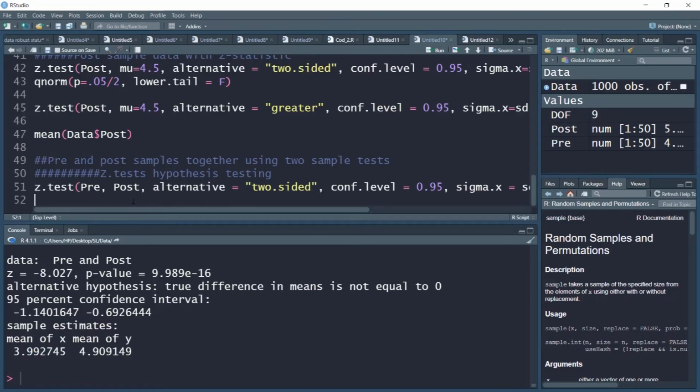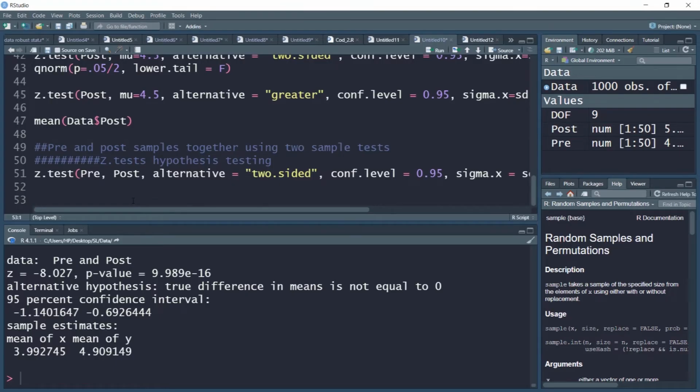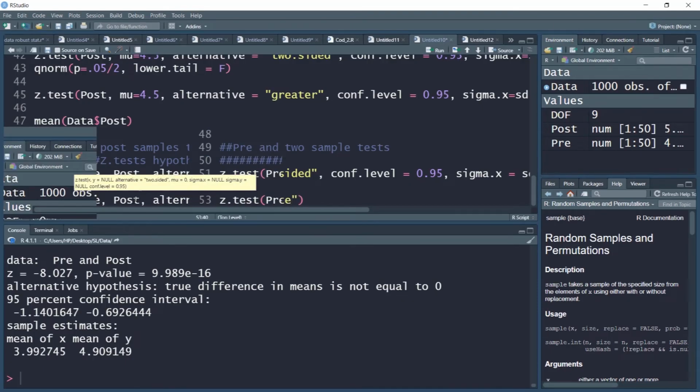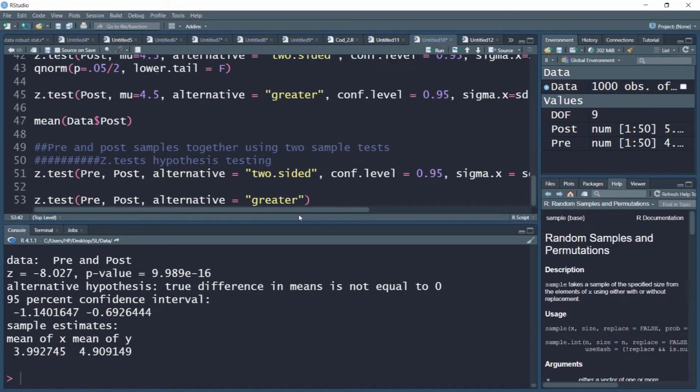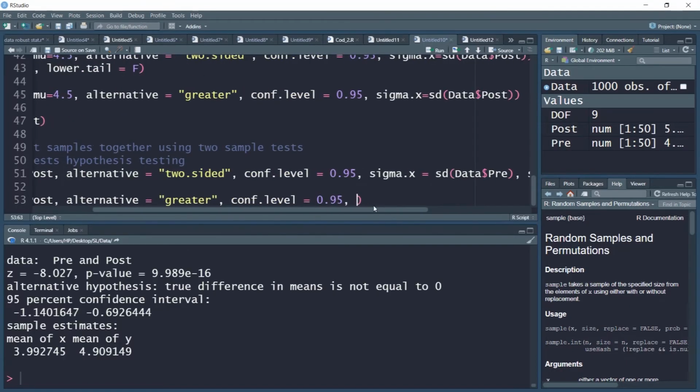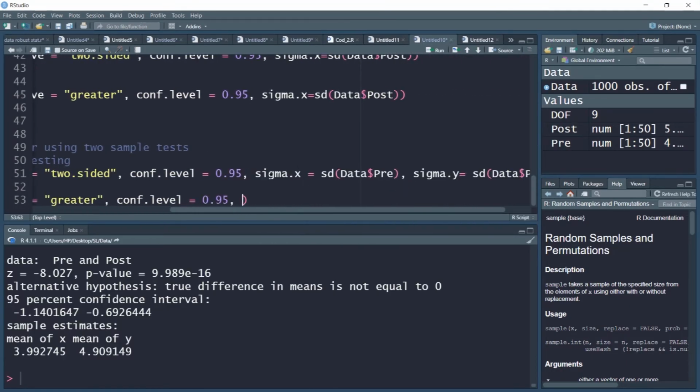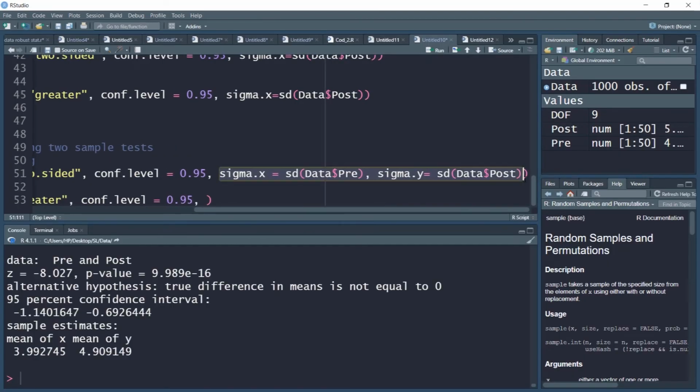Now we'll do some more analysis on this, and first we'll start with the one-tail test. So we'll apply our z-test for pre and post. We'll supply the alternative argument as greater. So it will be a one-tail test. Again, the confidence level is 0.95, and we'll set our standard deviations argument as we did earlier, supplying the population standard deviations.